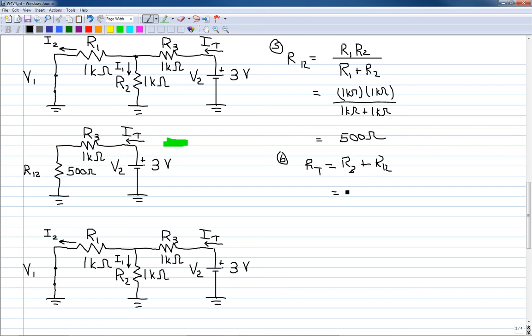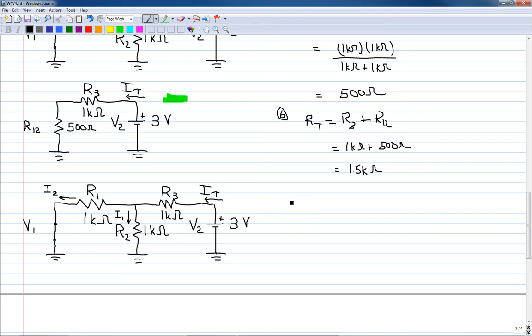Substituting in those values, that's 1k ohm plus 500 ohms, which gives us an R total, in this case, of 1.5k ohms.